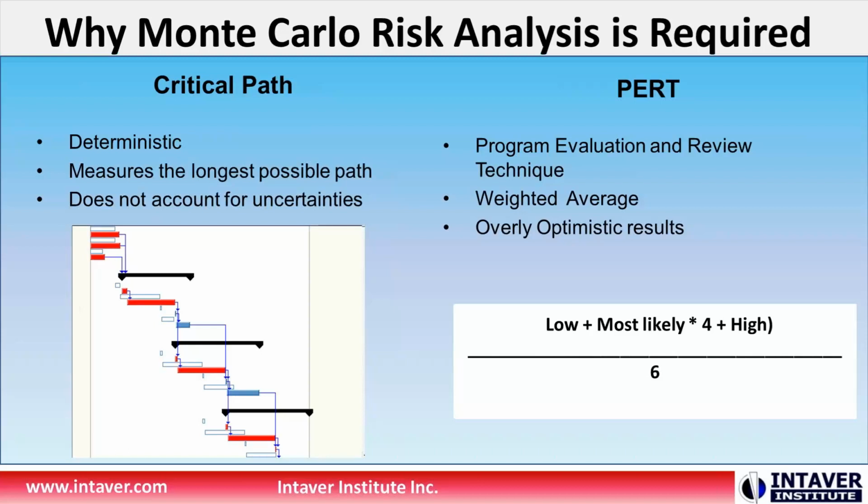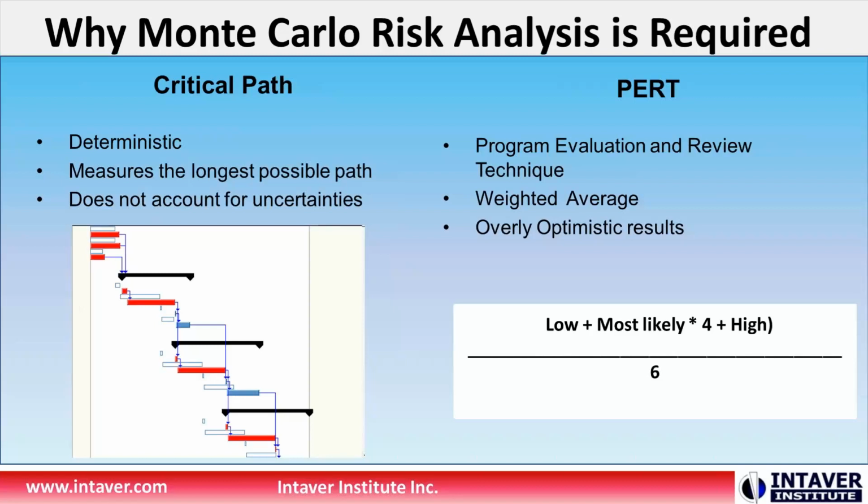It was developed in the 1950s as part of the rocket and missile programs that the U.S. government was undertaking, and it was a way of assessing the duration, if we want to do a schedule analysis, of the programs that they had. It uses a weighted average, and a lot of times it is good enough on smaller schedules.